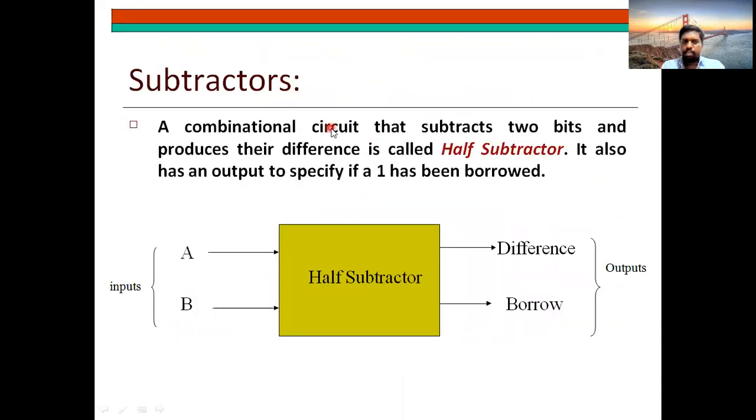Next, the same concept for subtractors. When you perform the subtraction operation between only two bits, it is half subtractor. Okay, only two bits, say A and B. But in case of subtraction, you will find difference and borrow as your outputs. There you find sum and carry, but here you find difference and borrow.